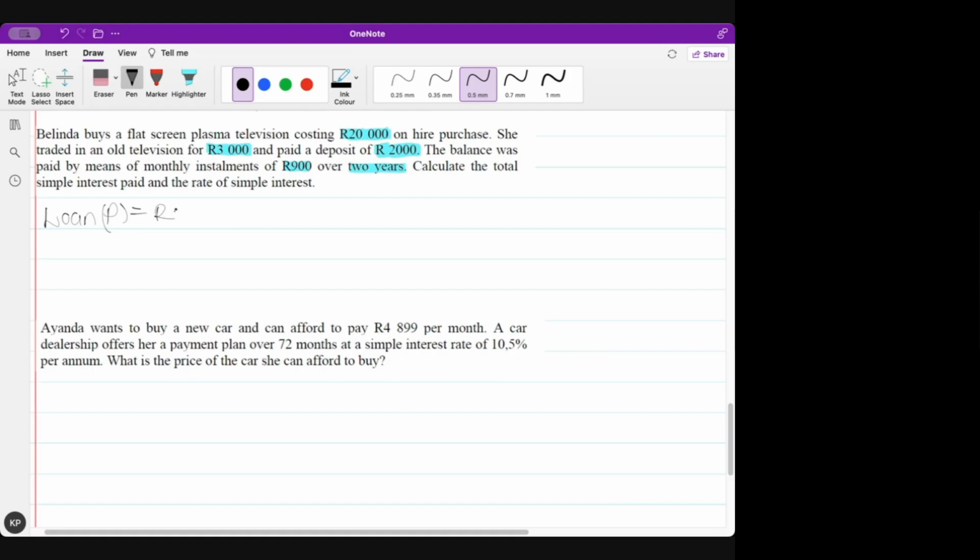If it costs 20,000 rands, you first minus the trade in value, which is 3,000 rands. And then he also paid another 2,000 rands. So actually, the loan amount was just 15,000 rands.